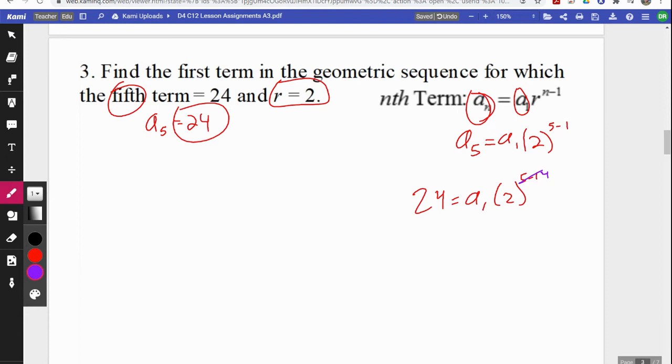To solve this problem, it's not too bad. We're just getting a sub 1 by itself, and we know everything else. 2 to the 4th we could evaluate right now. So this would be a sub 1 times 16 equals 24. To get a sub 1 by itself, we divide by 16.